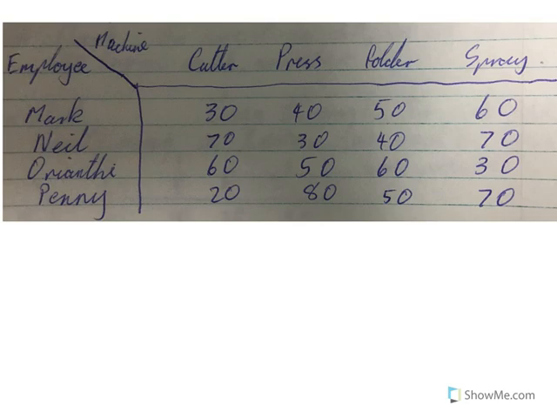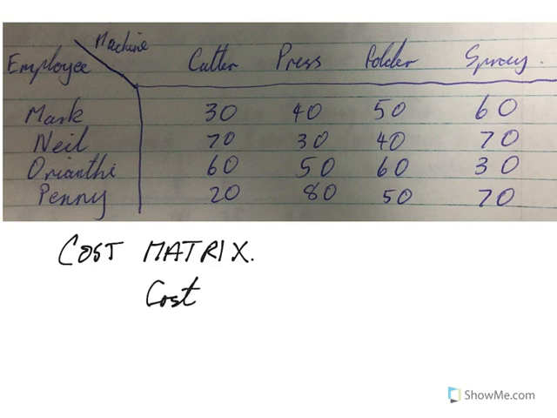So this here is what's called a cost matrix. Okay, and a cost matrix shows cost. Now cost, you need to again think broadly of what cost is.